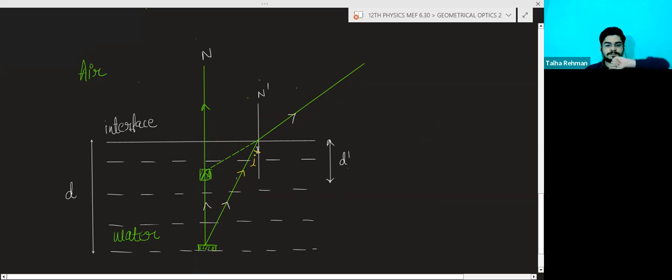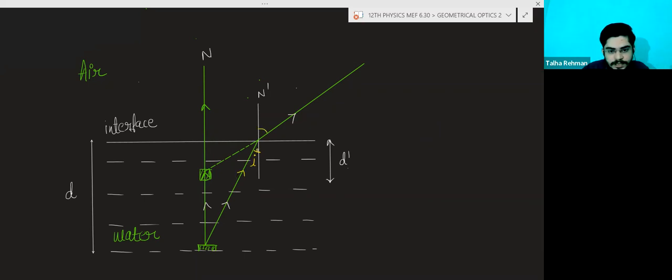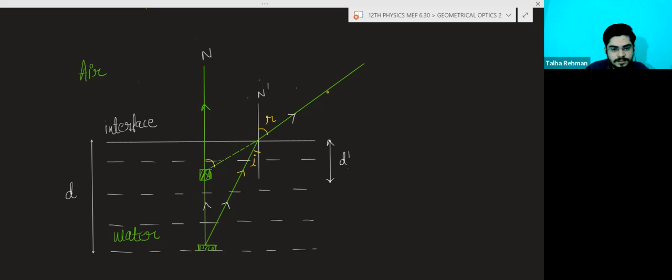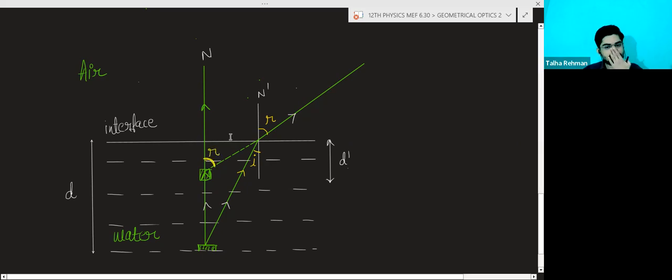This angle is i, and this angle is r, the angle of refraction. One thing is very clear: this and this are parallel, and this is the same line. So this angle will also be r. Geometry. Okay, this angle will also be r.